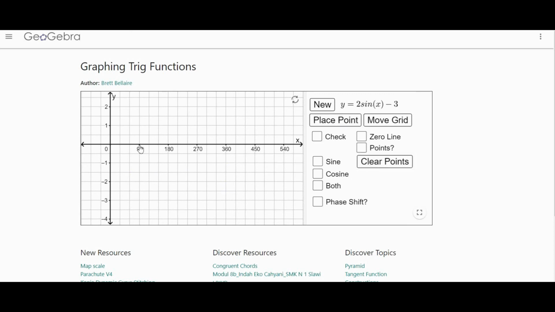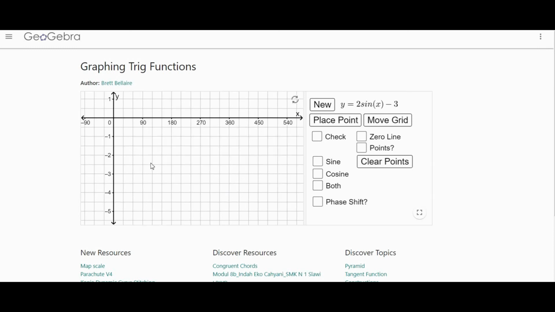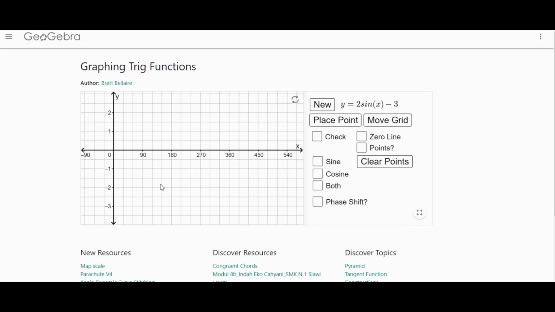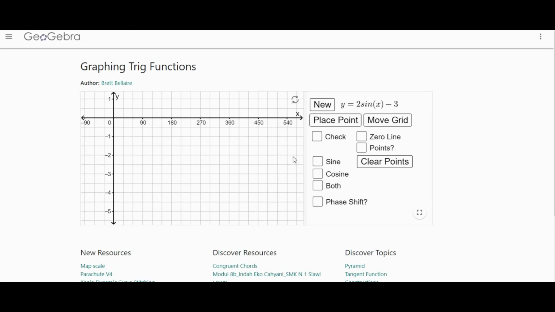Okay. If it totally gets messed up with Geogebra, you can always click this little button here and it will just restart it from scratch the way that it was when you first loaded it up. Okay, and in fact, if I click new a whole bunch of times, it'll bring it right back to that original function as well.